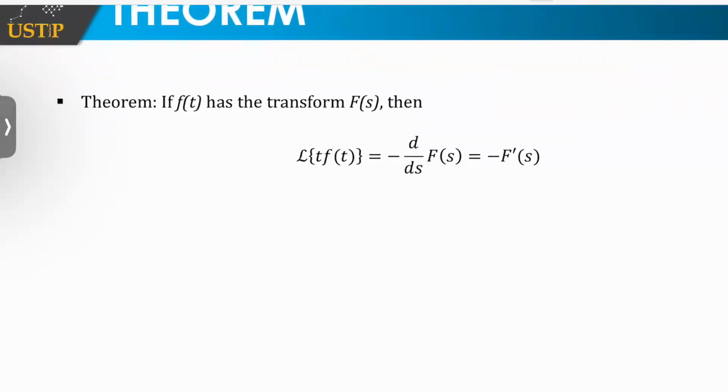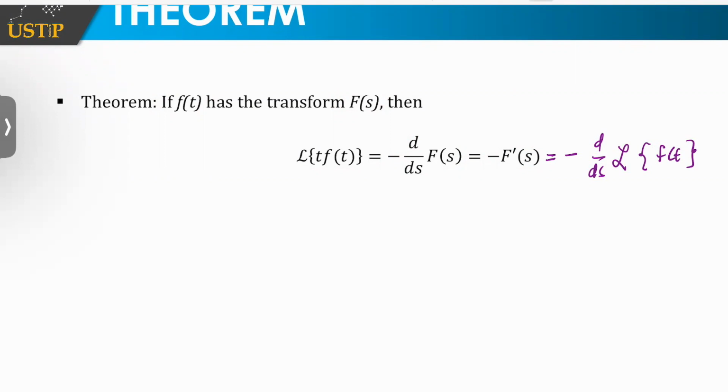If f of t has the transform of F of s, then the Laplace transform of t times f of t is just equal to, class, the negative derivative of F of s, or the negative F prime of s. Or if we rewrite it further, that is just equal to the negative of the derivative of the Laplace transform of f of t. Okay, as simple as that, class.